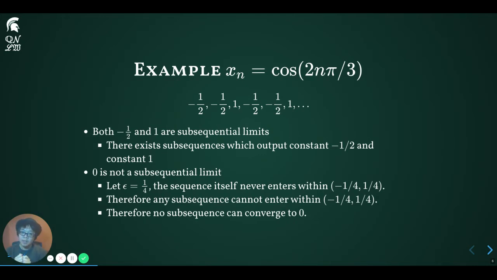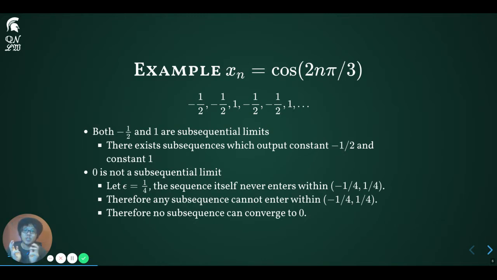On the other hand, let's show that according to our definition, the number 0 is not a subsequential limit. To show that the number 0 is not a subsequential limit, we need to prove that there are no subsequences that converge to 0. Now, given an arbitrary sequence, unless it is the constant sequence, it generally has infinitely many subsequences. So we cannot possibly check all possible subsequences on a case-by-case basis.